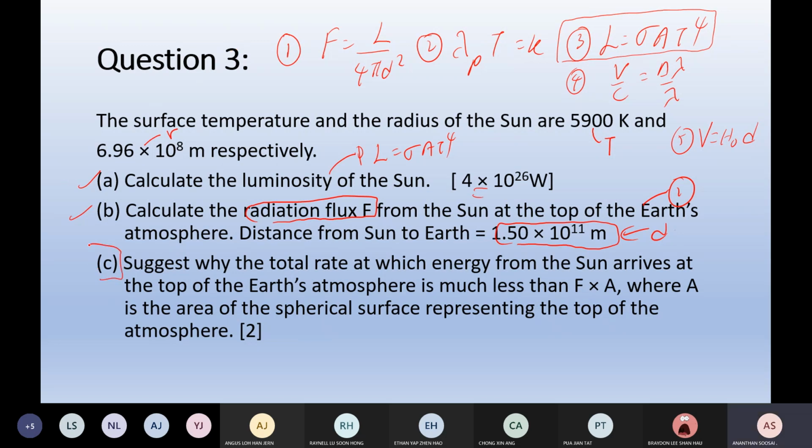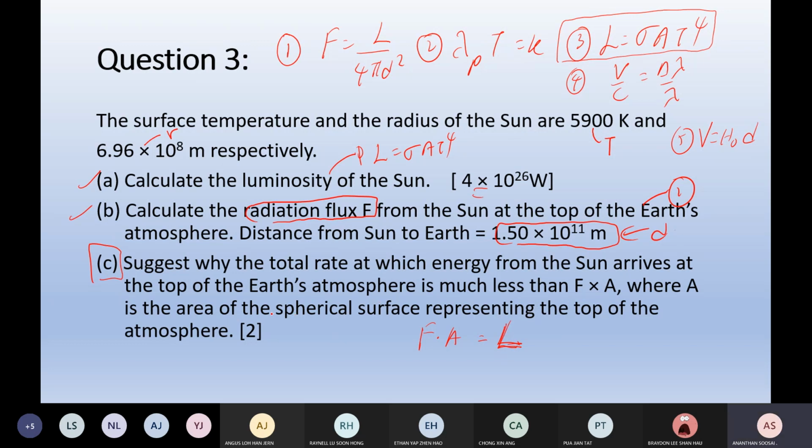Okay, C. This is okay. Look at C. Okay, this is a qualitative question. Suggest why the total rate at which energy from the sun arrives at the top of the Earth atmosphere is much less than F times A. We know F times A is the luminosity, right?